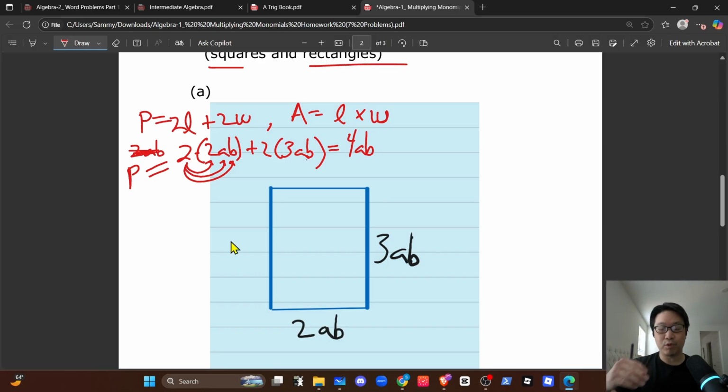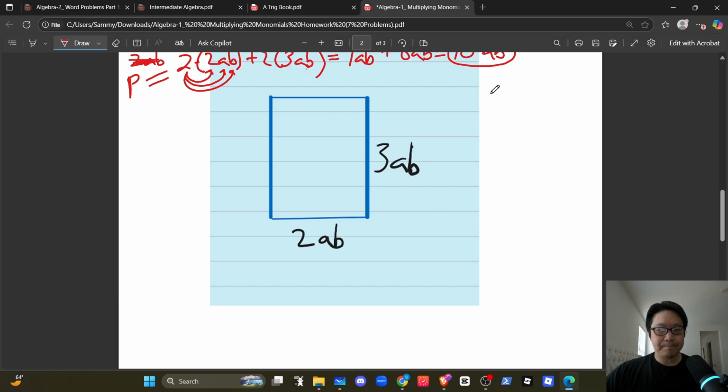We would distribute if the expression inside the parentheses was a sum, in other words, if it was something like 2 plus a plus b. But since the 2 is multiplying the ab, you don't distribute. So all you're going to do is 2 times 2 and then ab, plus 2 times 3 is 6ab. And since these are like terms, we're going to end up with 10ab for our perimeter.